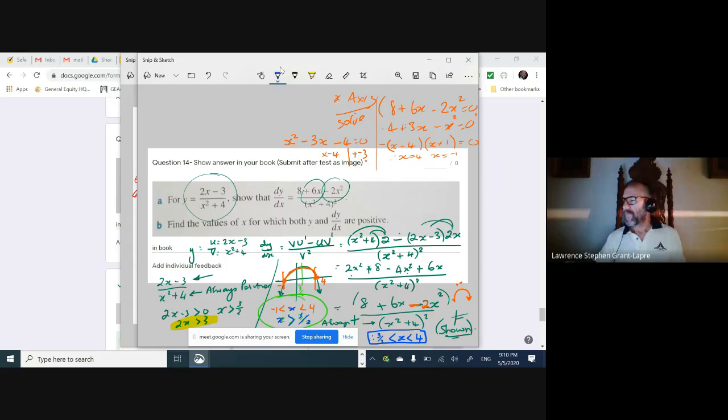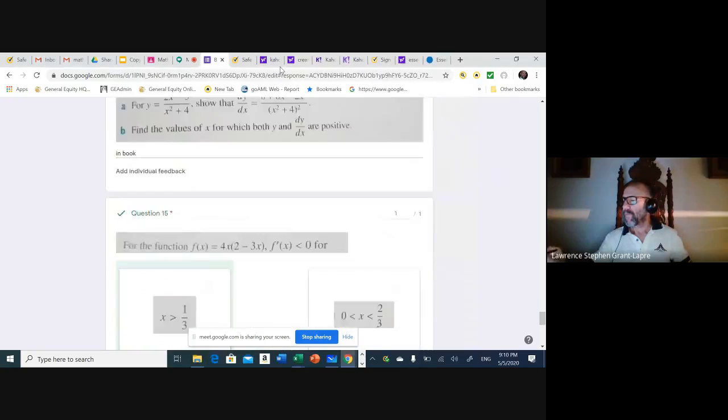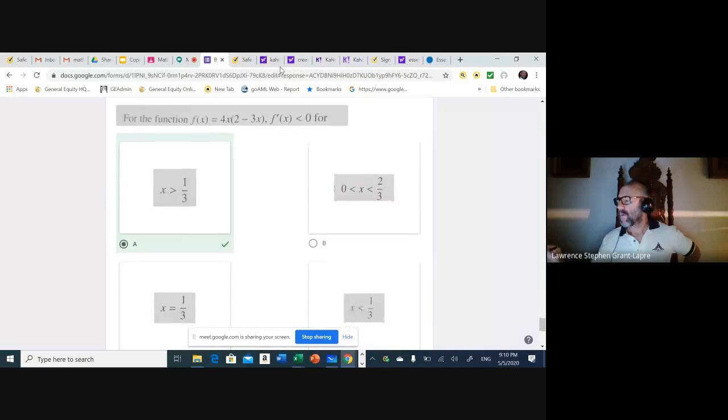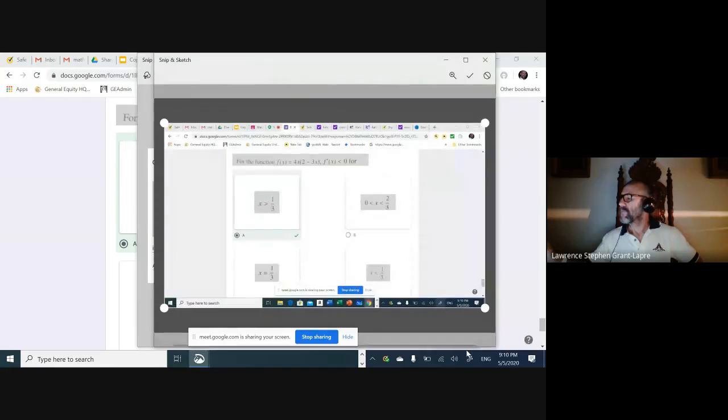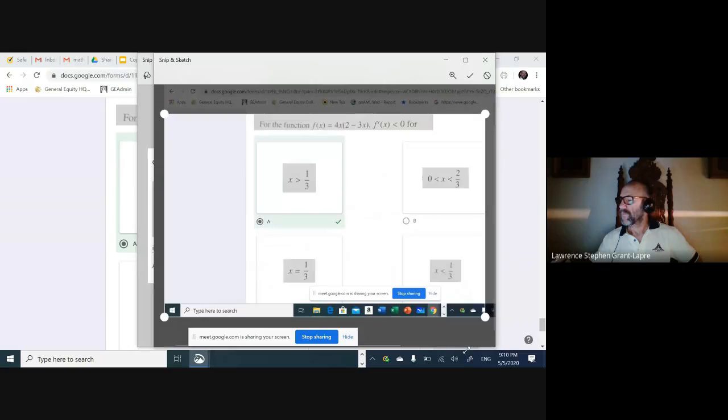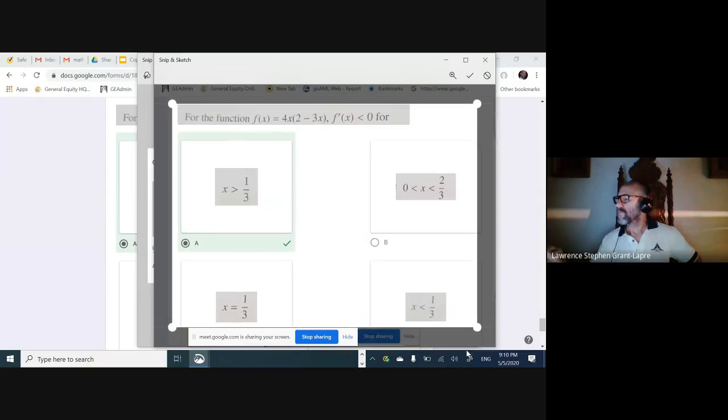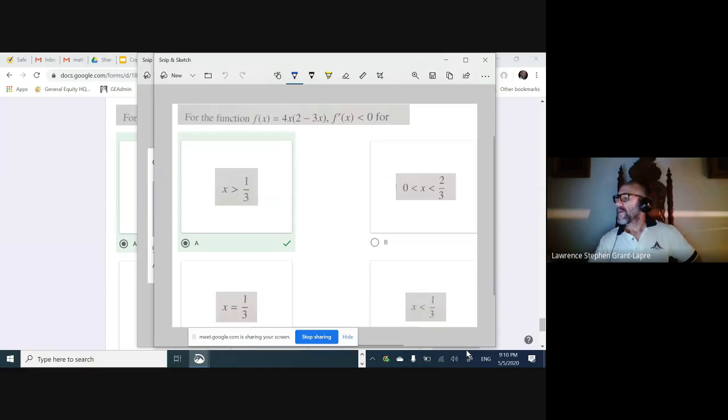And one more. For the function, we want the derivative to be negative.